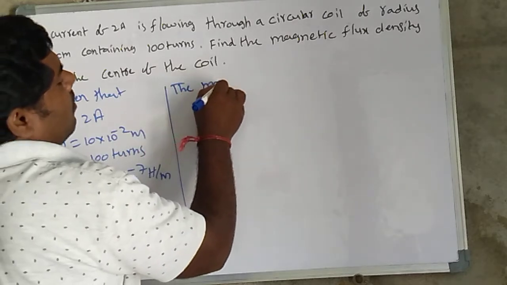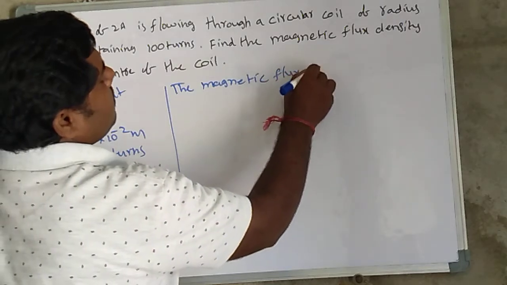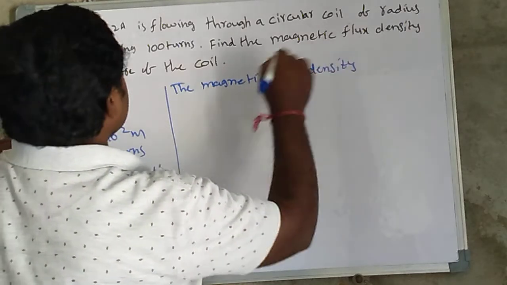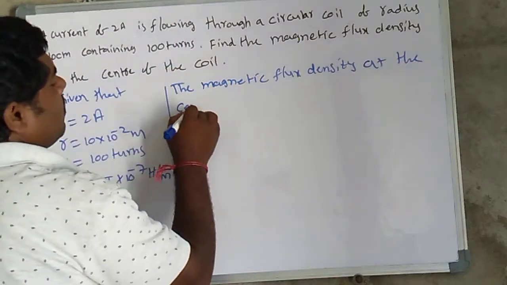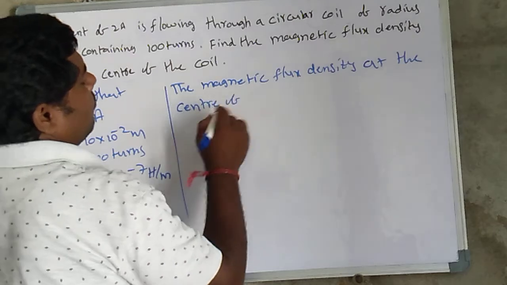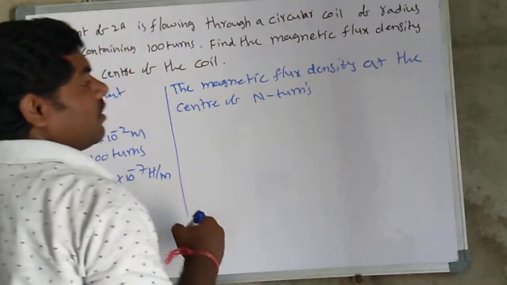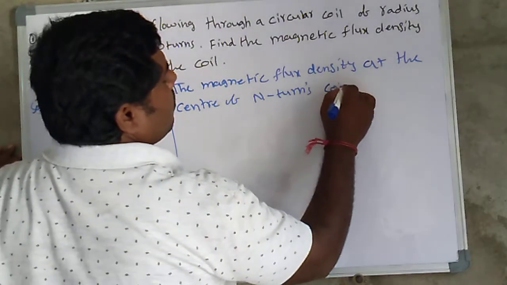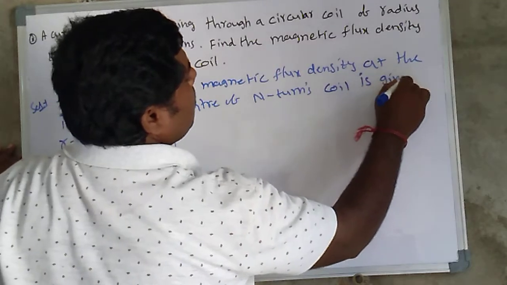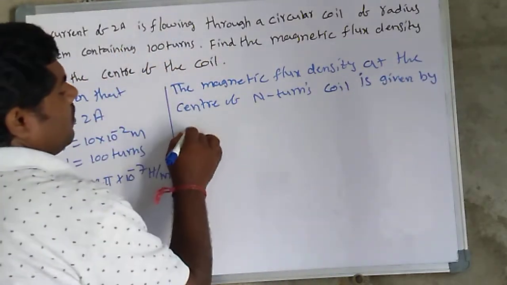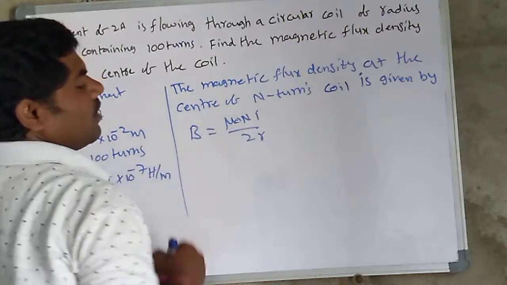So here, the magnetic flux density at the center of an N-turn coil is given by B is equal to mu naught N into I divided by 2r, which we already know.